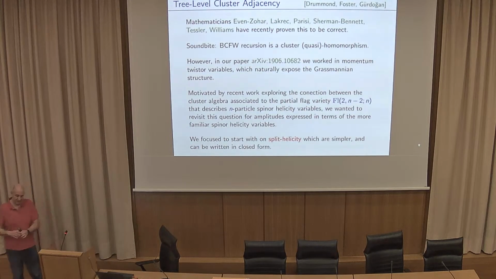That just means that we're at tree level, so all amplitudes have a natural color ordering. So that means that you consider the positive helicity gluons to all be cyclically adjacent and the negative helicity gluons to all be cyclically adjacent. You don't have any crossings between positive and negative helicity.